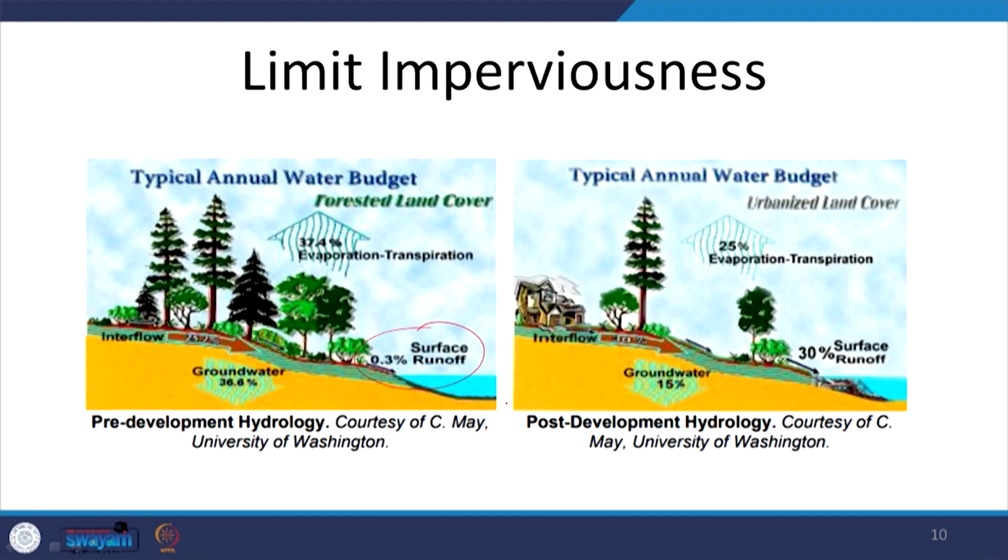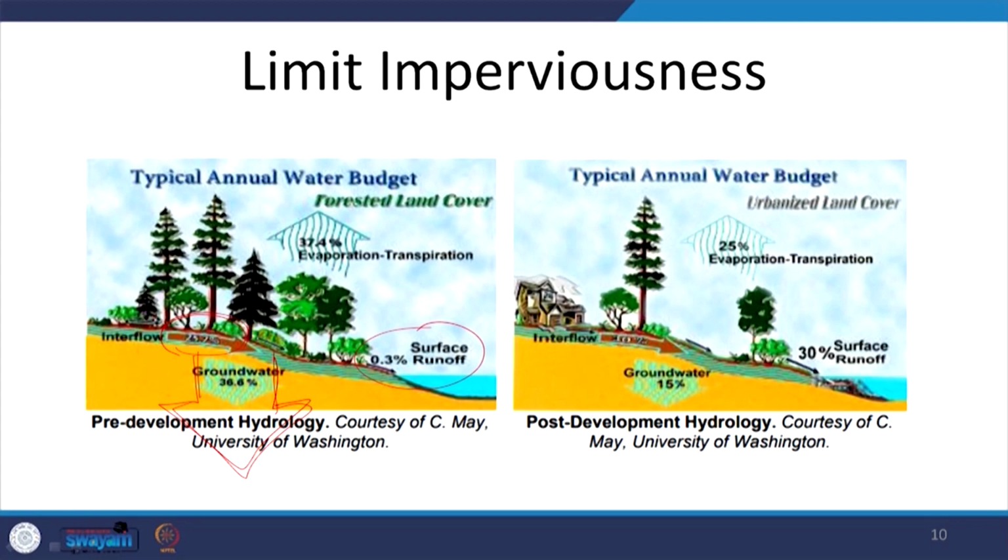In a pre-development scenario, where a lot of built surfaces, hard surfaces, impervious surfaces were not added, we would see that a lot of groundwater recharge was happening naturally. So, in this case we see that there is a lot of groundwater recharge, there is a lot of interflow which is right beneath the topsoil.